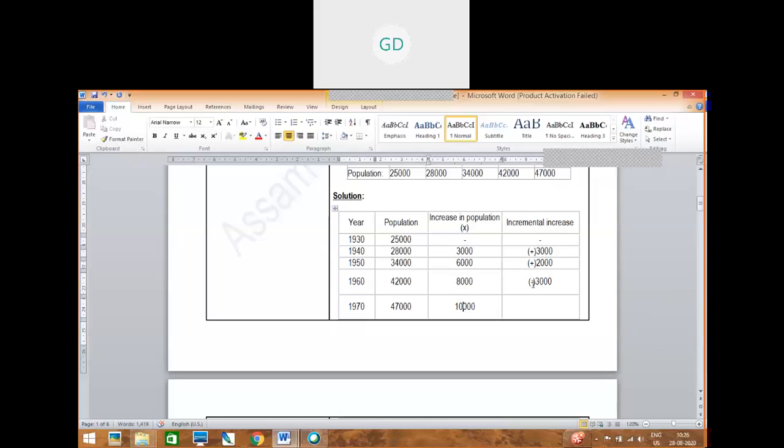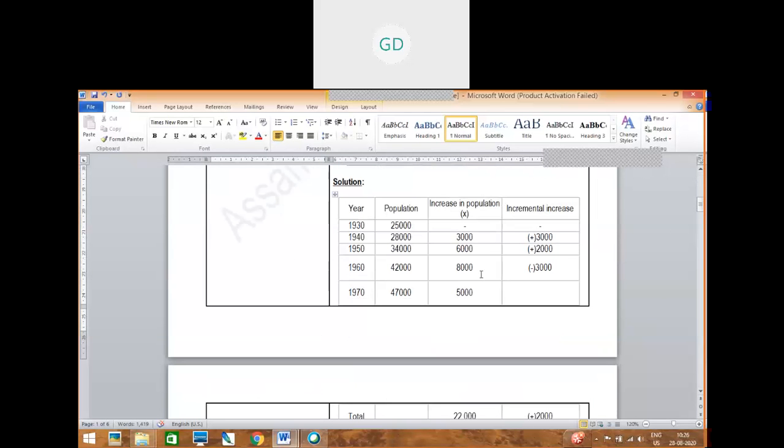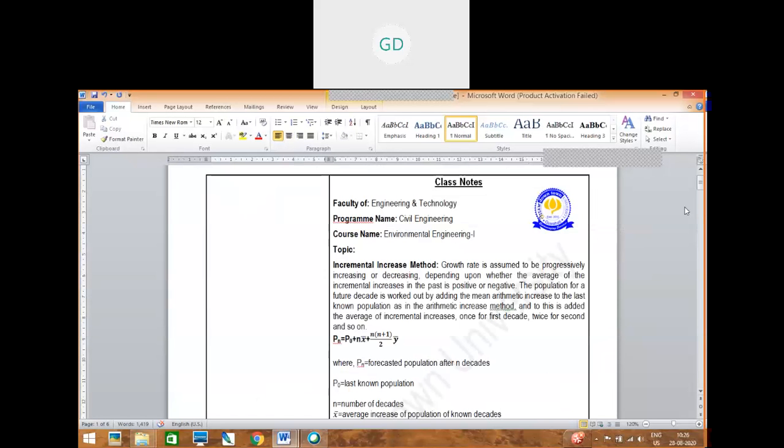Here the minus sign will not come, only plus 2,000. Like that you need to write it down. Whatever values, you just subtract the first from the second, and whatever sign conventions you get, you just put them down here.